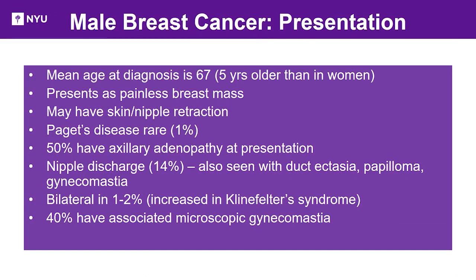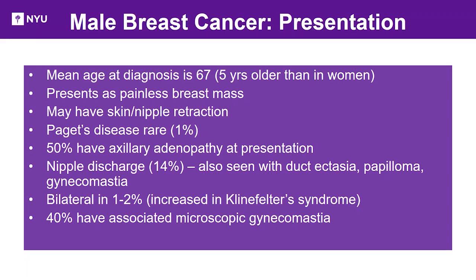Just a few facts about male breast cancer presentation. In general, men present a little bit older. The literature shows 67 years, about 5 years older than females. Like breast cancer in females, it usually presents as a painless, palpable lump. Because most of the time these cancers appear right behind a nipple, men may present with skin or nipple retraction.